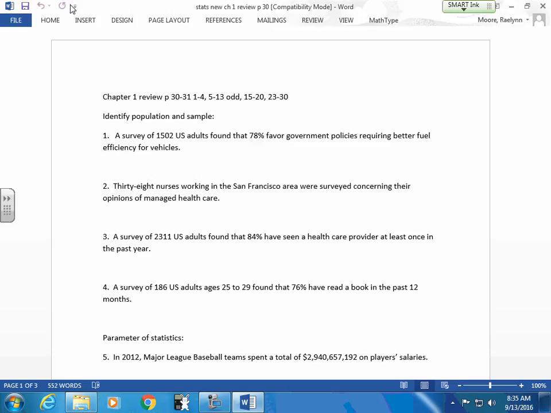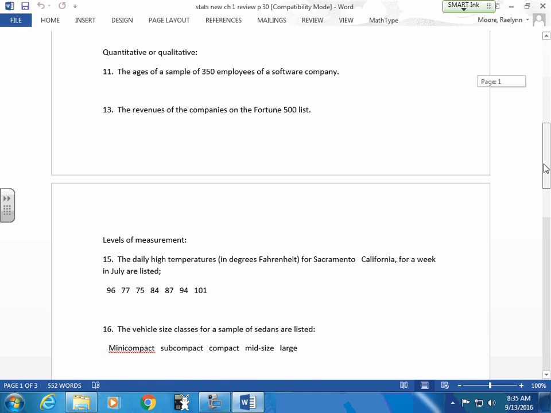Okay. Look at number 15. Daily high temperatures for Sacramento, California. What are temperatures? What level? Interval. The vehicle size for a sample of sedans. Mini compact, subcompact. What's that? Mini compact, subcompact.